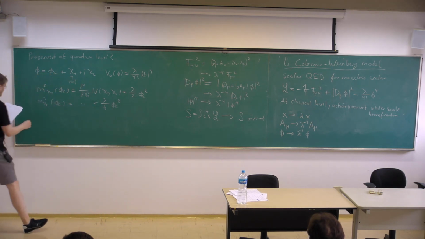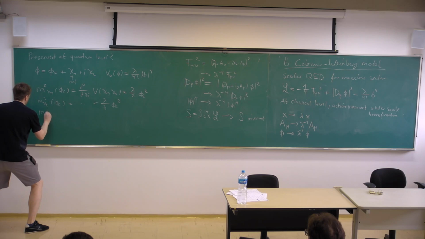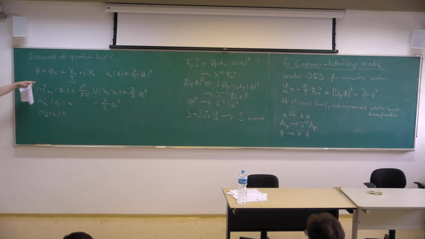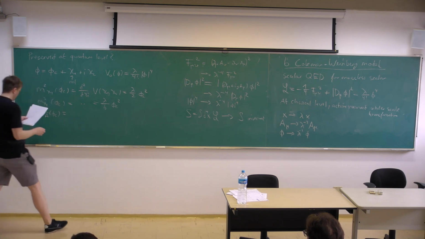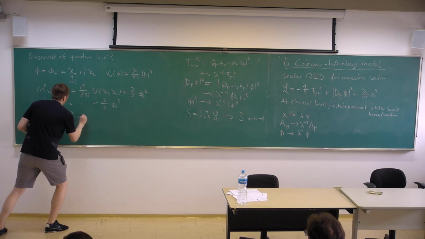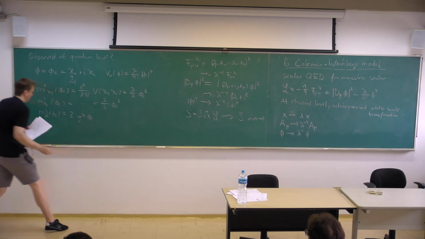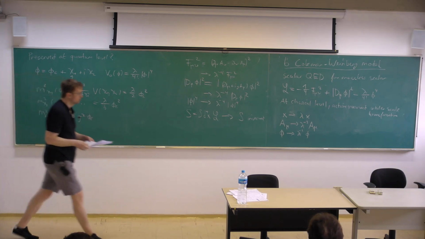And the last mass I need: as we said before, if phi gets a vacuum expectation value, the U1 gauge symmetry is broken and the photon, the U1 gauge field, gets a mass, right? And this mass is given by, this is what I had on the blackboard before.